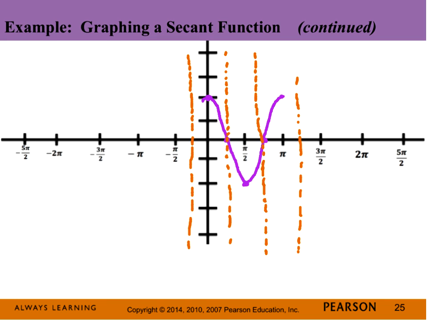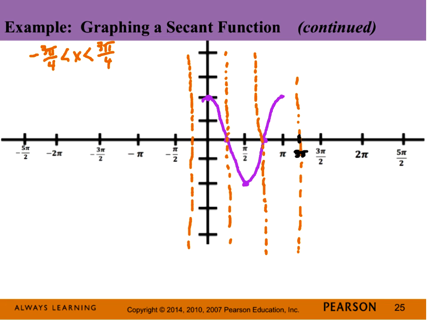So the problem asks us to graph this for negative 3 pi over 4 up to 3 pi over 4.